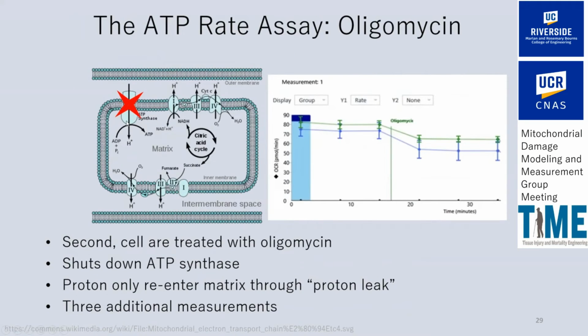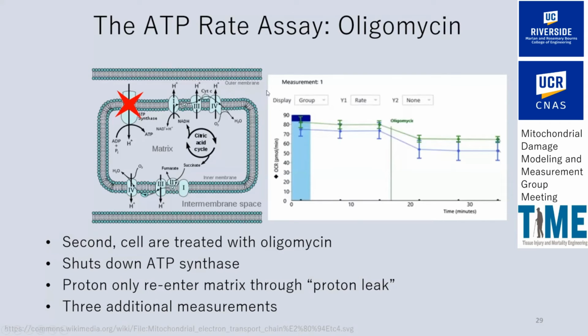Because ATP synthase is shut down, fewer protons re-enter the matrix here, and so the mitochondria pump fewer protons up into the intermembrane space. Remember, they're working to keep that constant. So if you reduce the amount of protons that are re-entering the matrix here, the cells will recognize that.